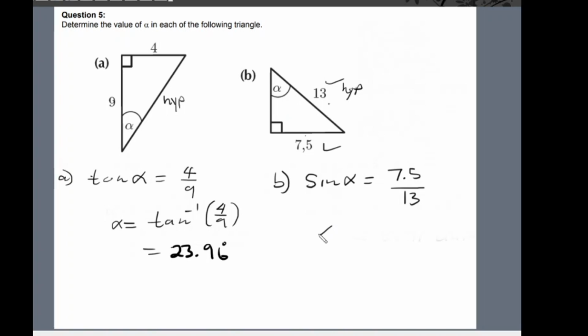So to solve for alpha, it is sine inverse in your calculator, 7.5 divided by 13 is equals to 35.23 degrees.